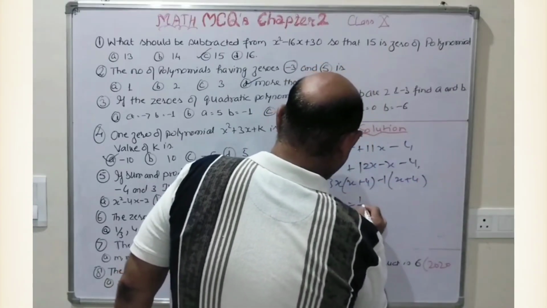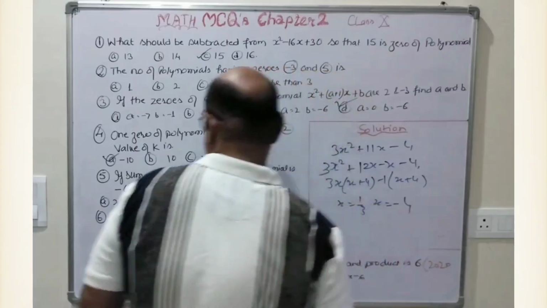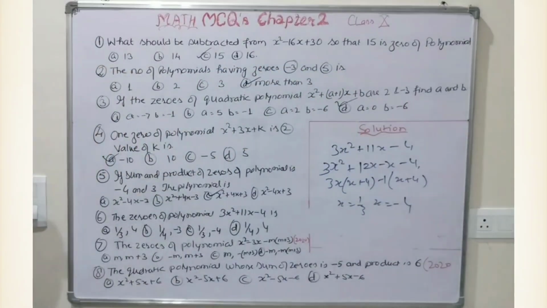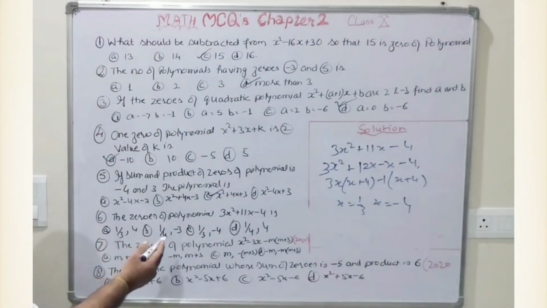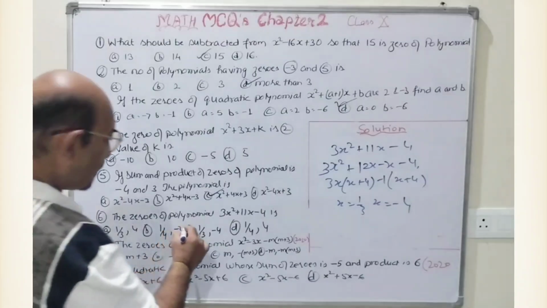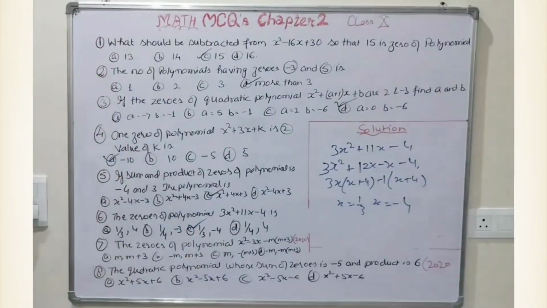So x is equal to 1 upon 3, x is equal to minus 4. So the correct option is 1 upon 3 and minus 4. C is the correct option.